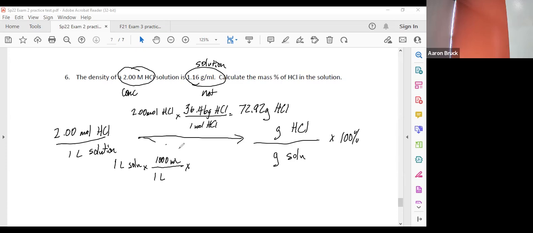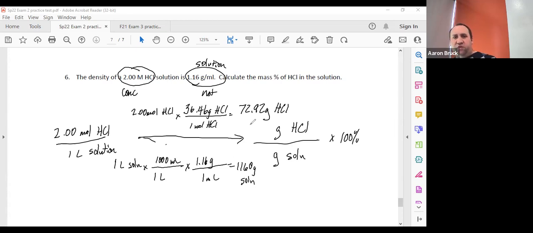That's where the density is important to us. Every milliliter is 1.16 grams. So 1,000 times 1.16, 1,160 grams of solution.